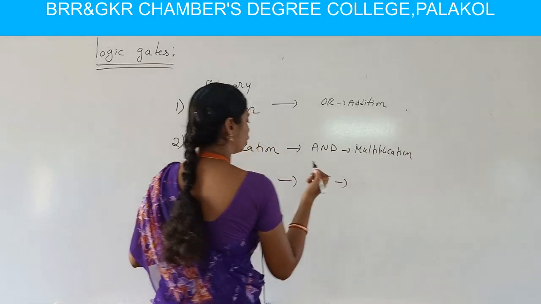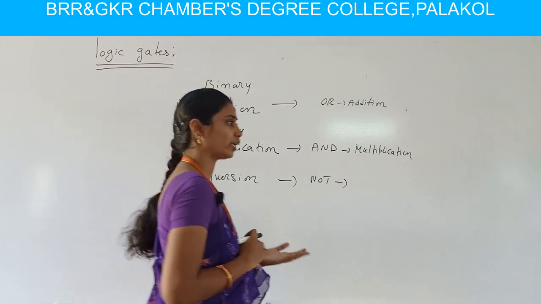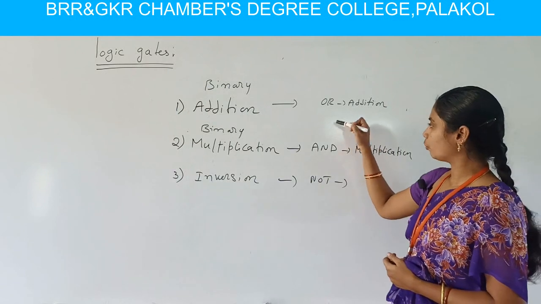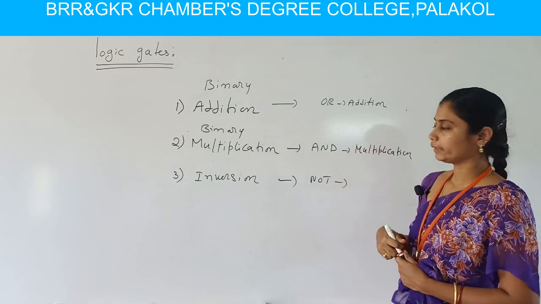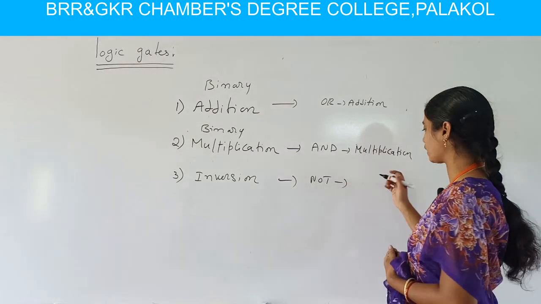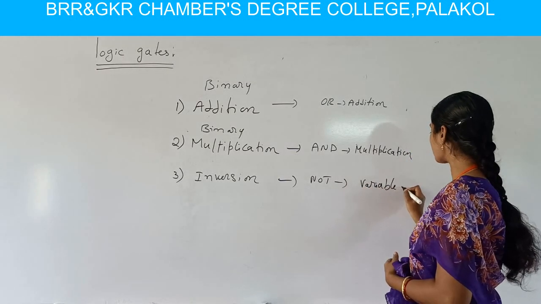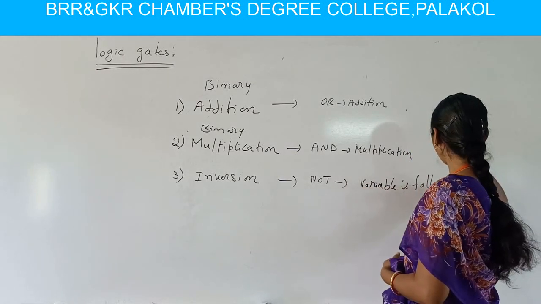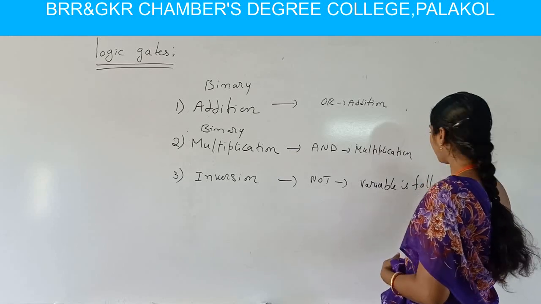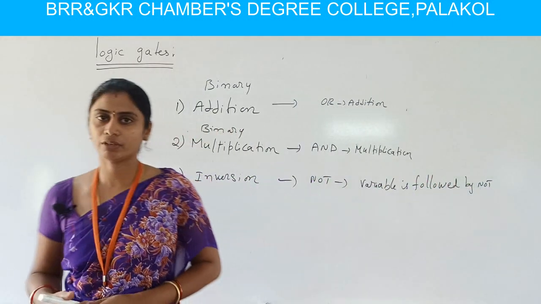Addition and multiplication are normal as in ordinary algebra; only the 1 plus 1 combination differs in addition. In NOT, the variable is inverted.